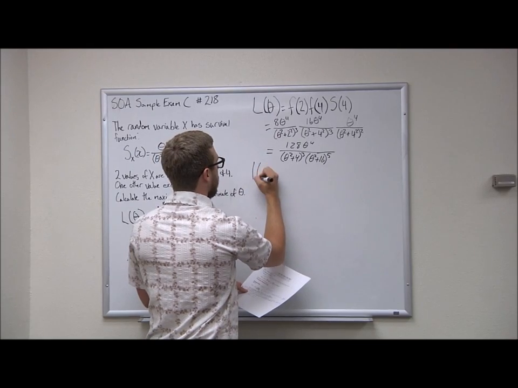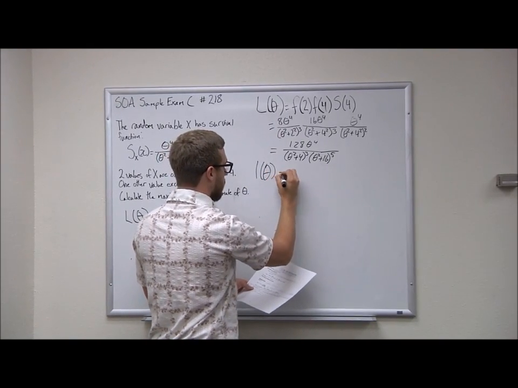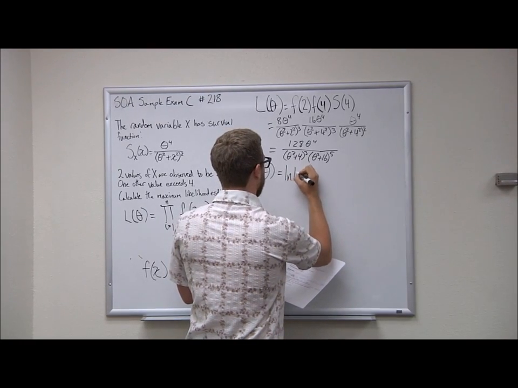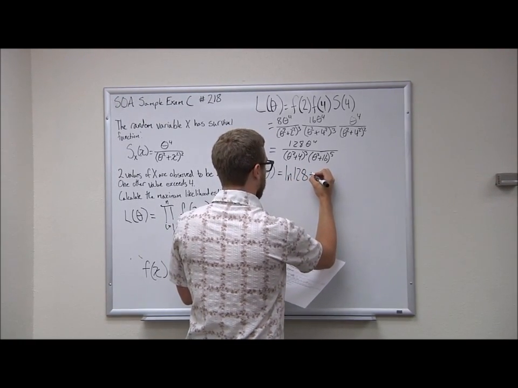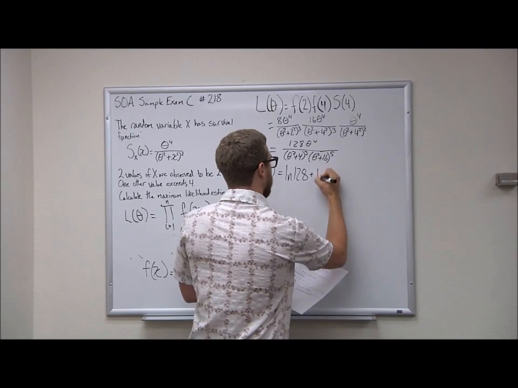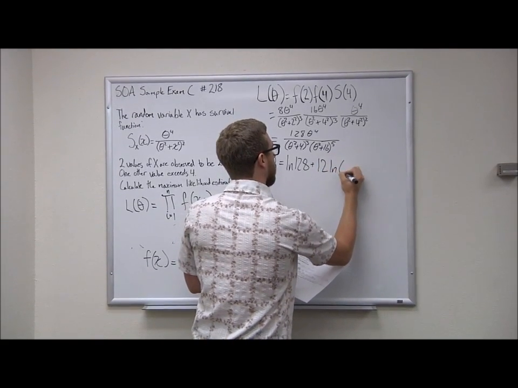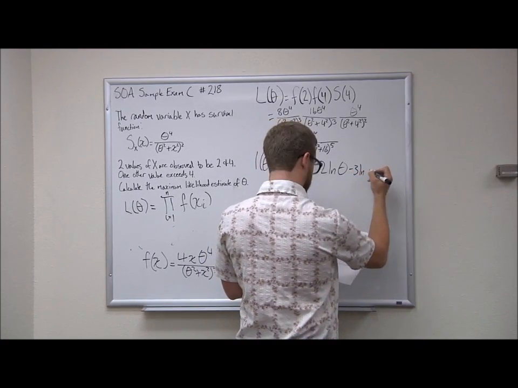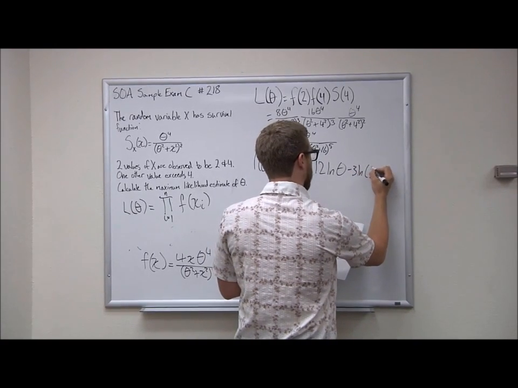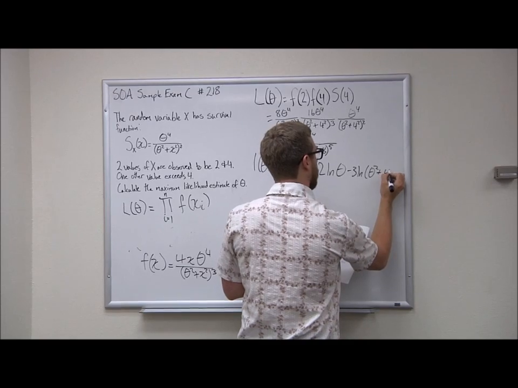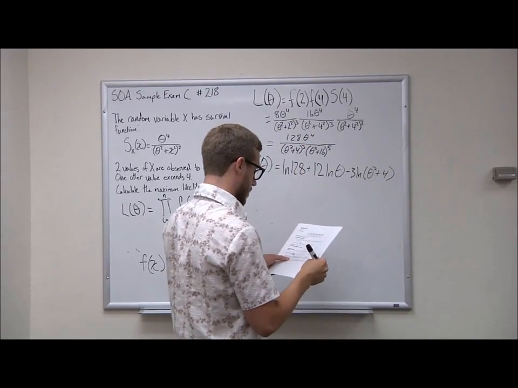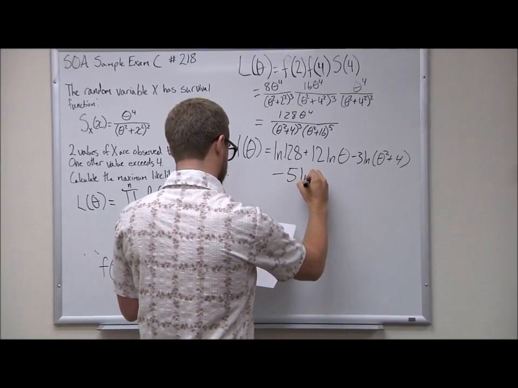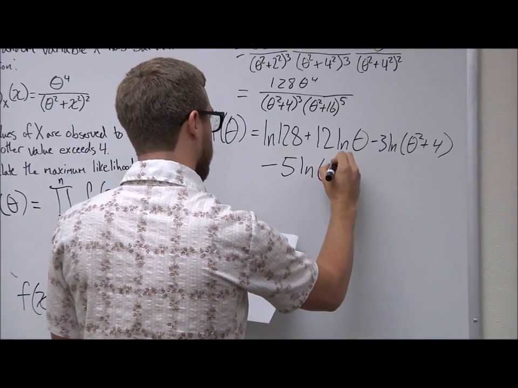So we have that l of theta equals ln 128 plus 12 ln theta minus 3 ln of theta squared plus 4 minus 5 ln of theta squared plus 16.